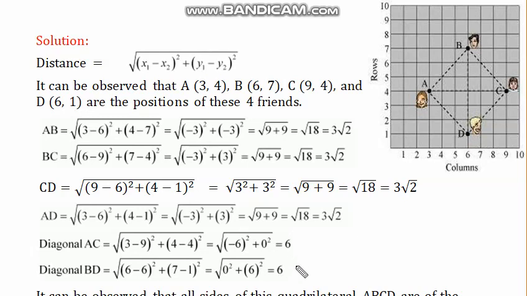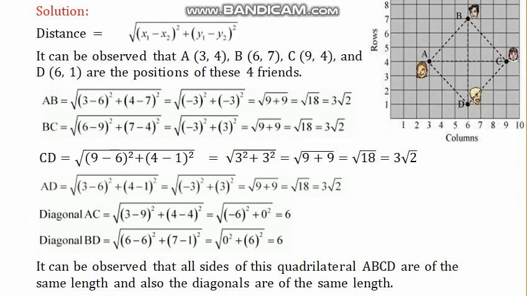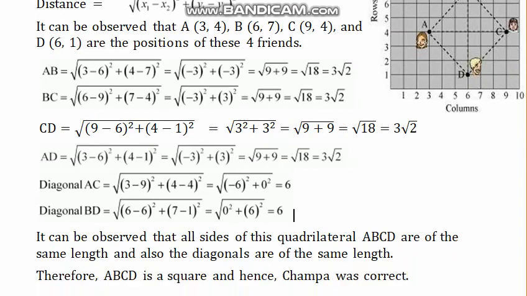So we can say directly that they are sitting in a square shape. So we know that ABCD is a square. So which answer is correct? Champa was correct. Actually, Champa told that the students are sitting in a square shape.